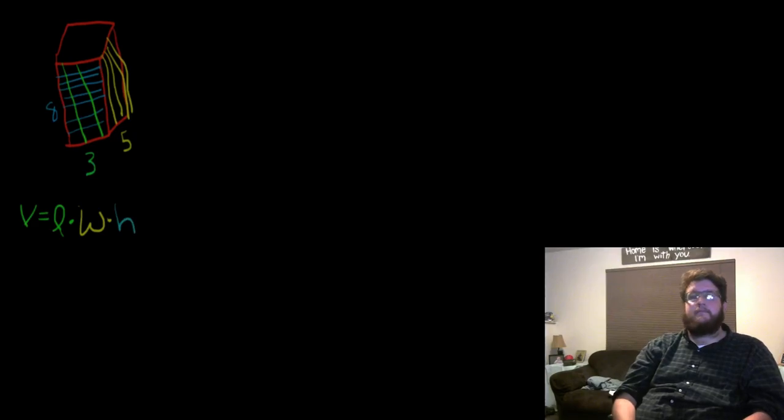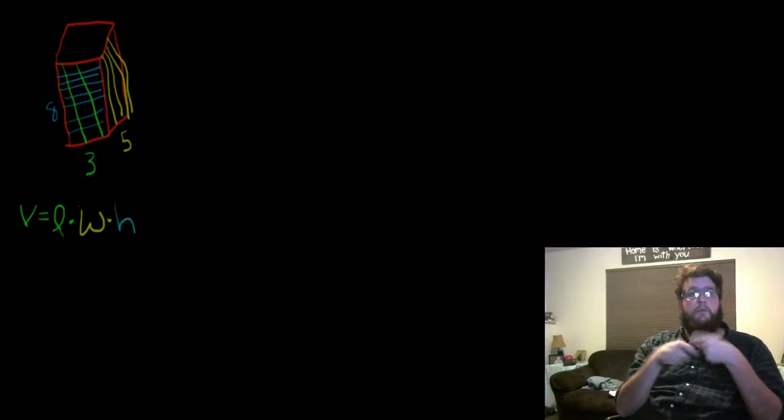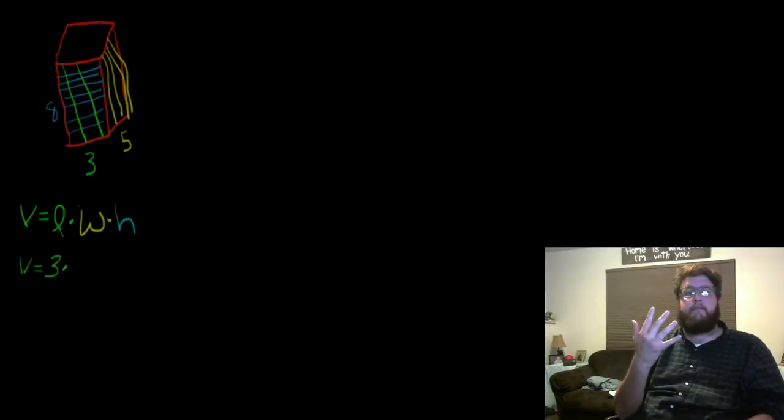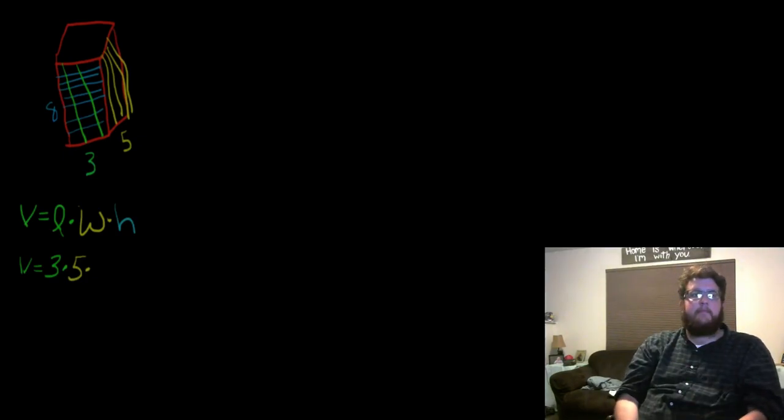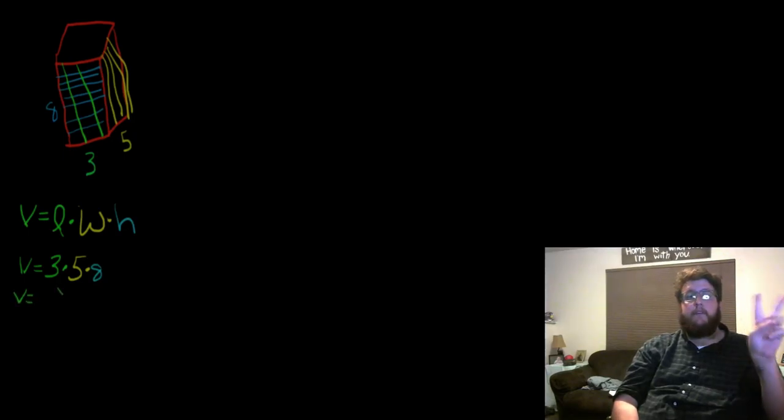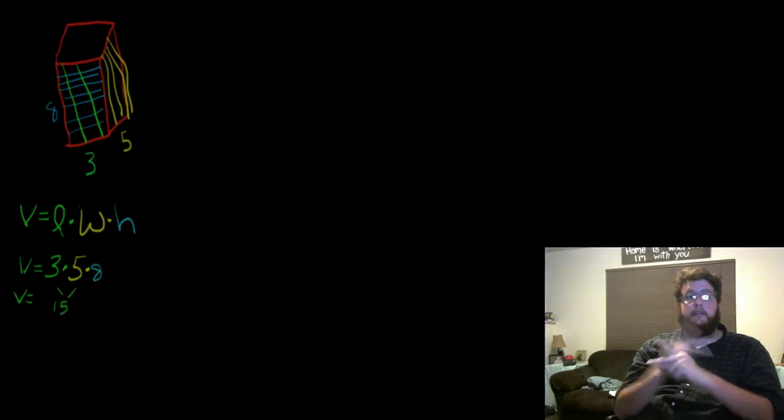And so now I can just sub in the numbers that I know, and we get the volume is equal to 3 times the width, which is 5, times the height, which in this example is 8. So I know the volume is equal to 3 times 5, which is 15.